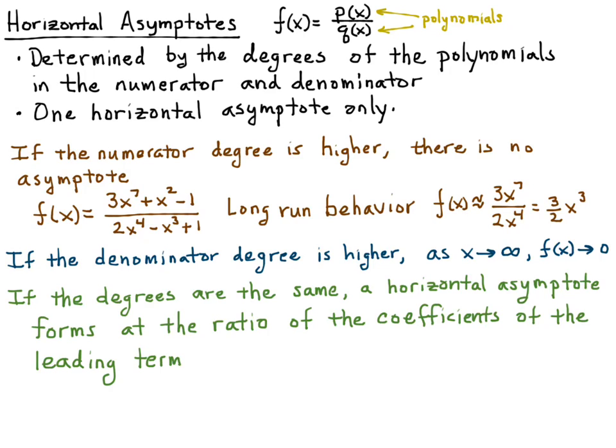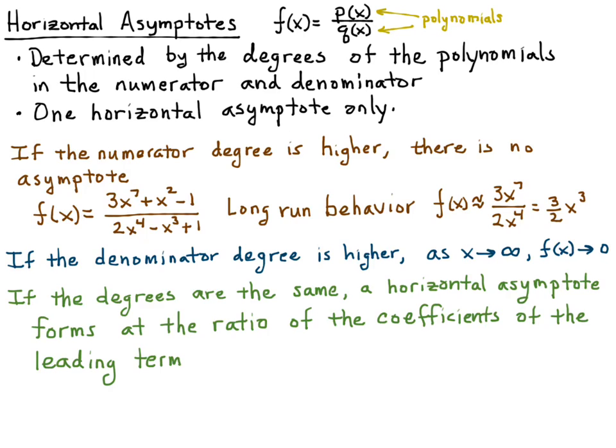So the three cases to remember. Higher degree in the numerator, it goes off however the difference of the degrees goes, and you know how that happens. If the denominator has the higher degree, that means as x increases either to a very large positive number or a very large magnitude negative number, it's going to go to 0. And if they're the same degree, then the horizontal asymptote is going to be the ratio of the leading coefficients.